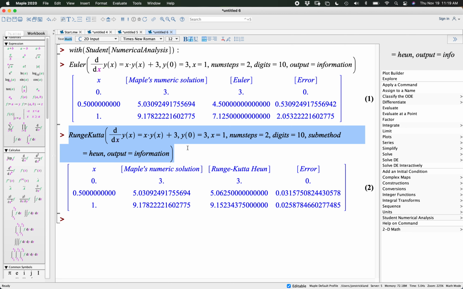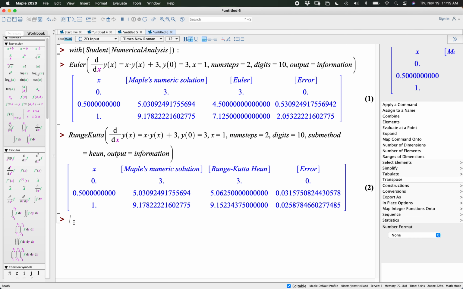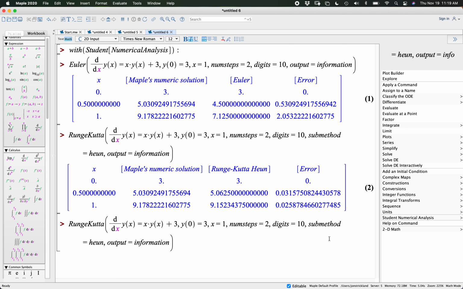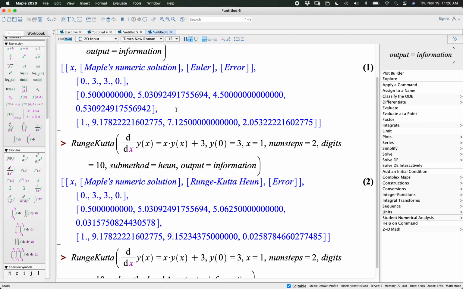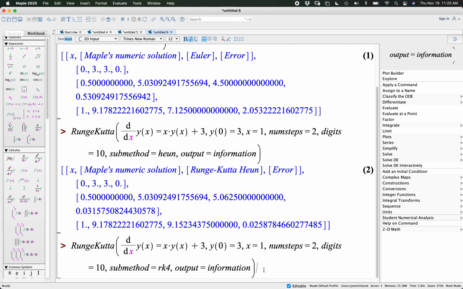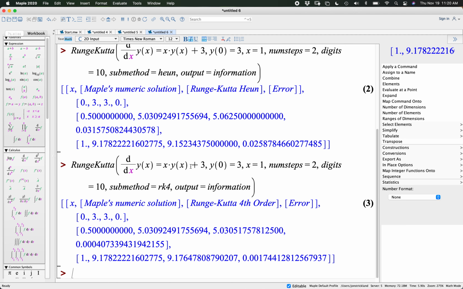And as for the official Runge-Kutta, the sub method is going to be RK4.